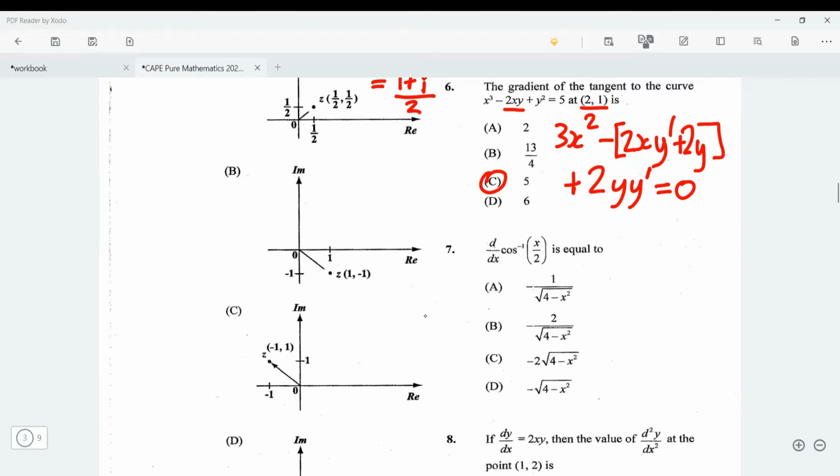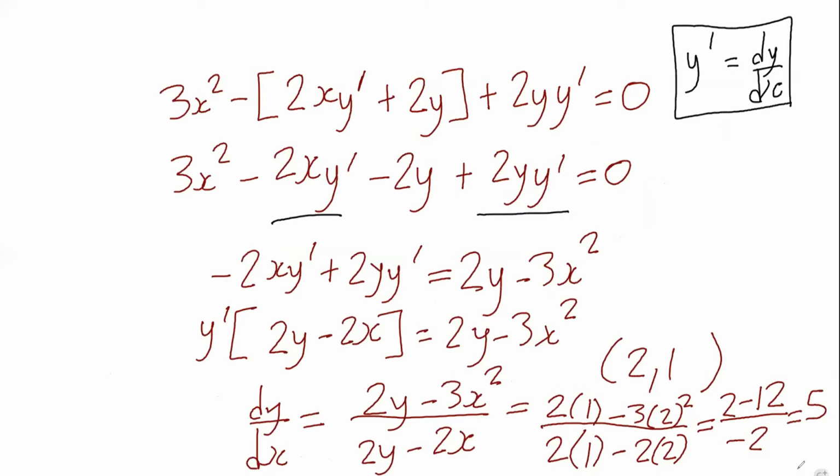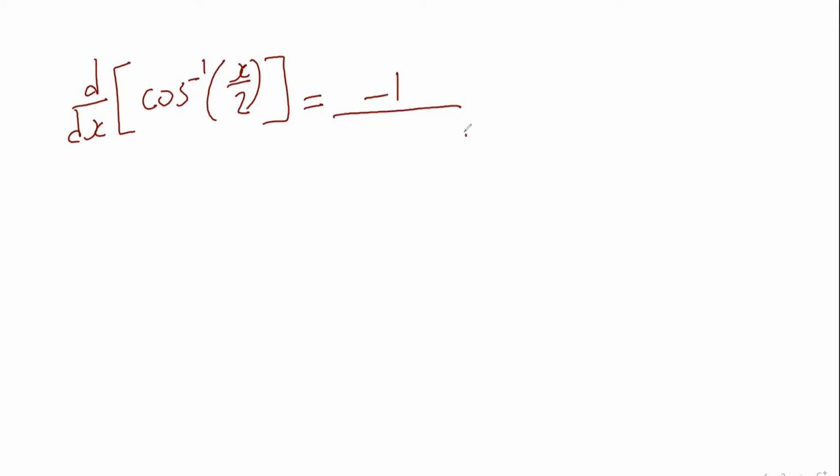Beautiful. Nice. Now this says to differentiate cos inverse of x over 2. So we're going to do it on the whiteboard here. We want to find the derivative of cosine inverse of x over 2. When you differentiate cos inverse, you get minus 1 over the square root of 1 minus whatever is in the bracket squared.